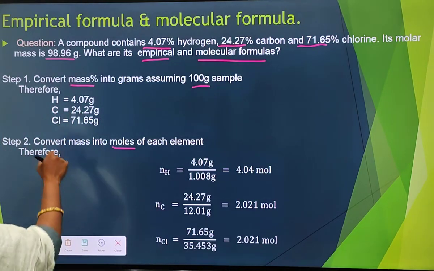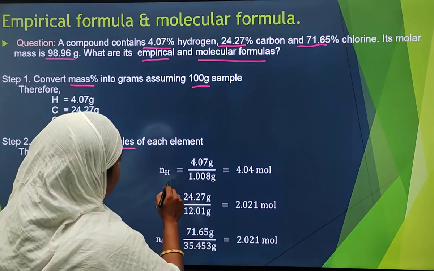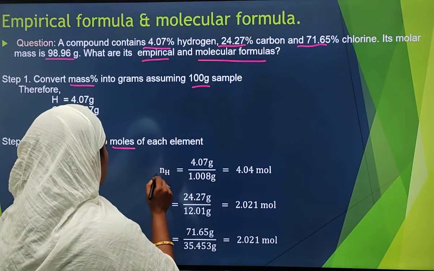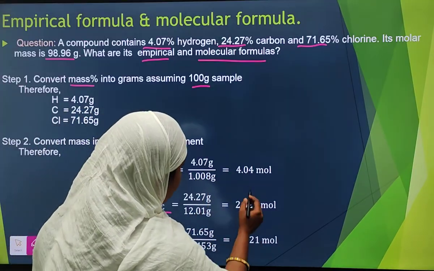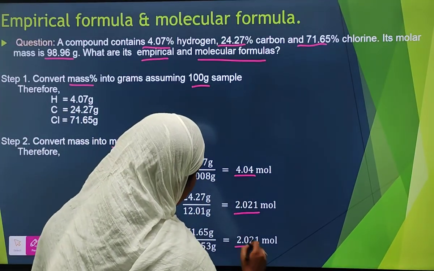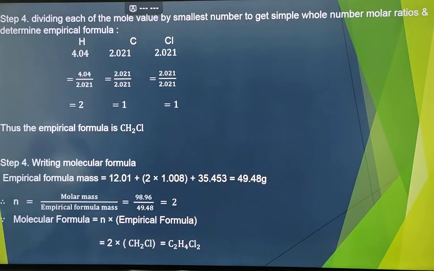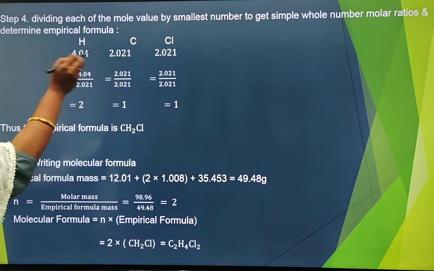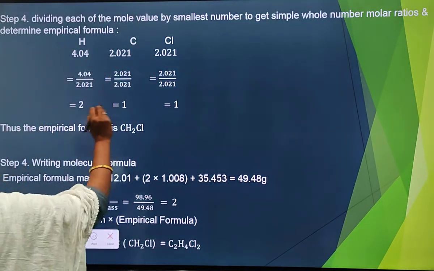Now in the second step, we have to convert all these masses into moles. The number of moles of hydrogen, carbon and chlorine are calculated, and we get the following values. Further, from all those values, we have to divide by the smallest value to get simple whole numbers.